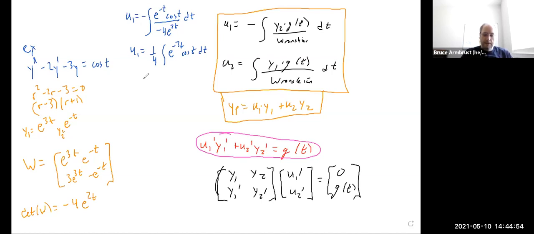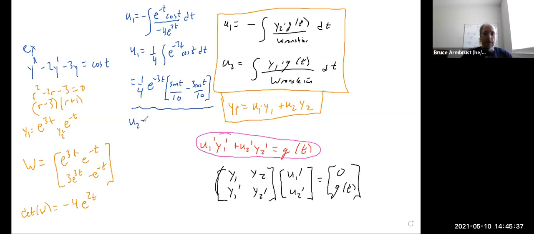So e to the minus 3t times the cosine. Okay, so I get e to the minus 3t times sine t over 10 minus 3 cosine of t over 10. All right, so that's u1.